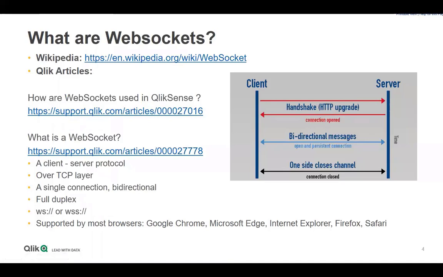Then the server returns a handshake response. The WebSocket handshake uses the HTTP upgrade header to change this HTTP protocol to WebSocket. A communication channel is established. Each end can send and receive messages. This channel will stay on until one side closes the session.